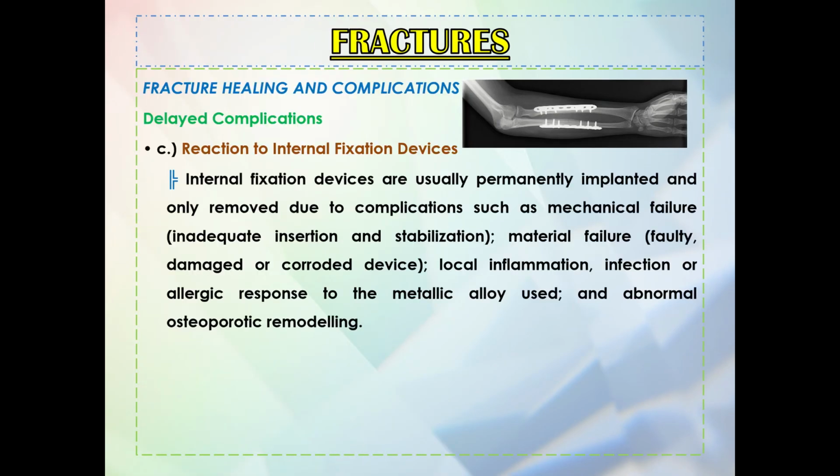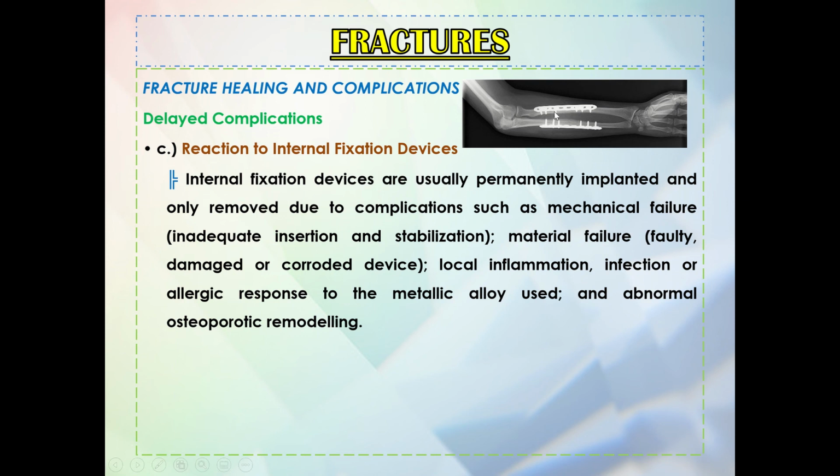And then another delayed complication aside from delayed union, malunion, non-union, and AVN, the third one is reaction to internal fixation devices. So, the internal fixation devices are usually permanently implanted and only removed due to complications such as mechanical failure, or there is an inadequate insertion and stabilization.